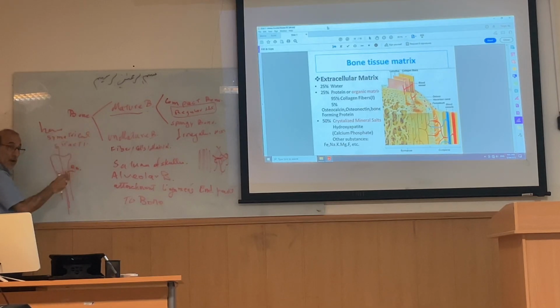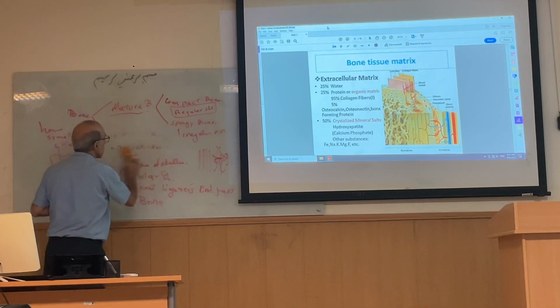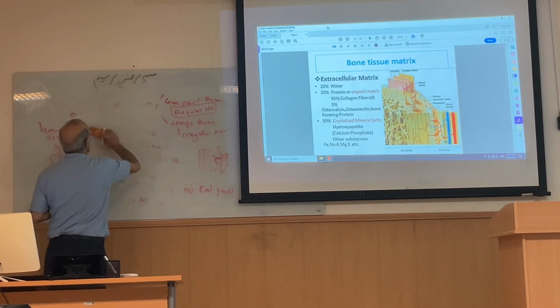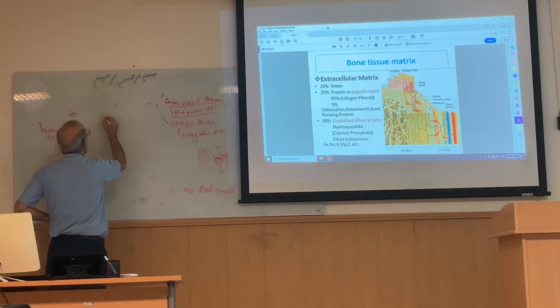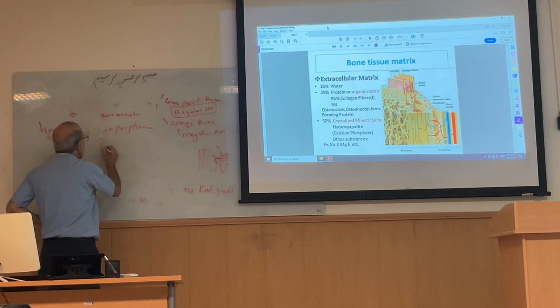All bones in the body are covered by two membranes. In the peripheral part, the bone is covered by periosteum.